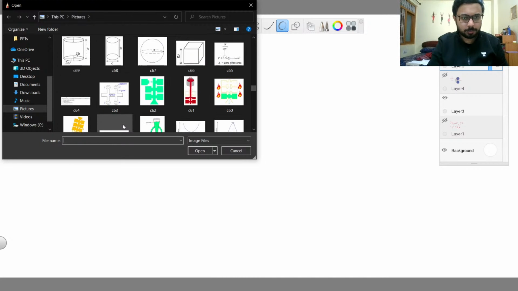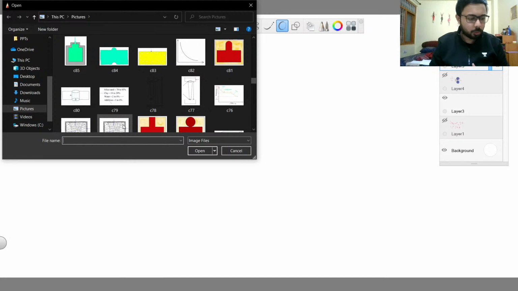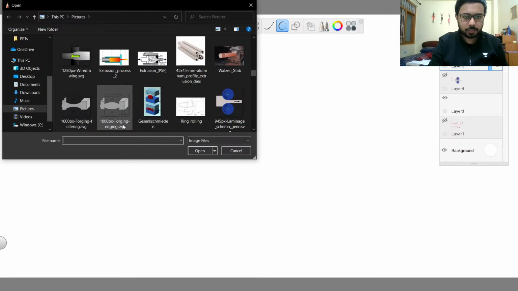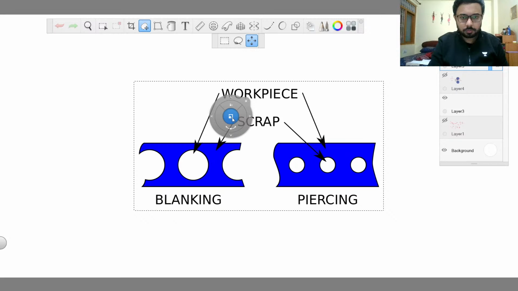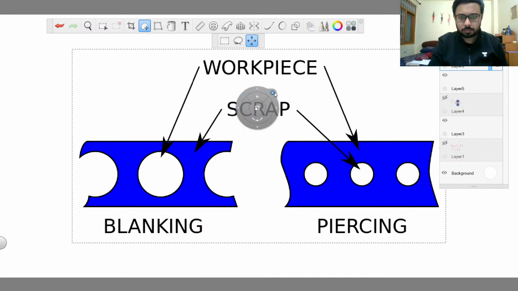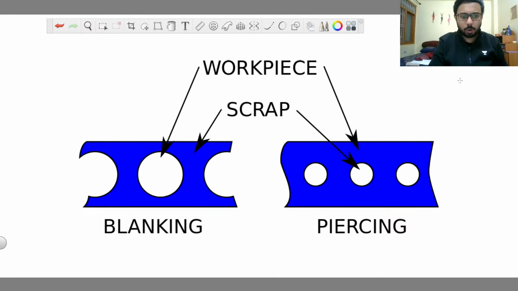If you have missed one of the questions, or if you have joined late, then I am summarizing what we have discussed in today's class. So this is the figure that I am talking about. This figure clearly shows what blanking is, what piercing is, what is scrap for blanking, what is scrap for piercing, and what is the workpiece or our desired part for blanking and for piercing.